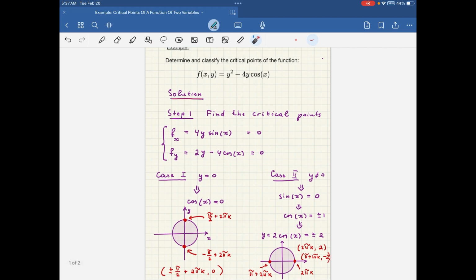One way to do that is to look at the unit circle. And on the unit circle, we look for points that have 0 x coordinate.